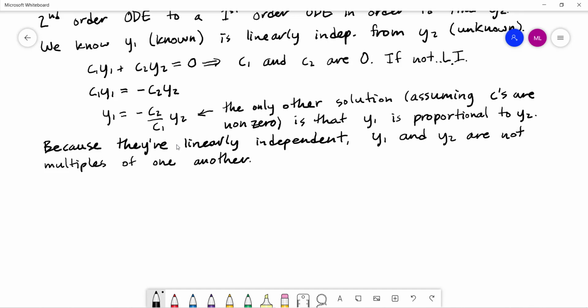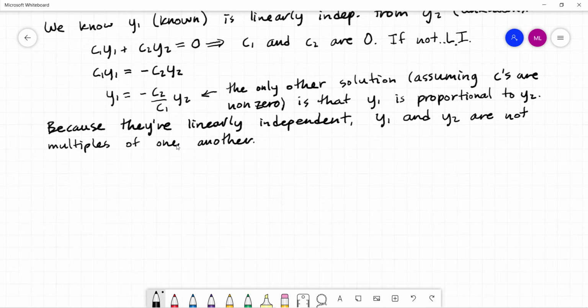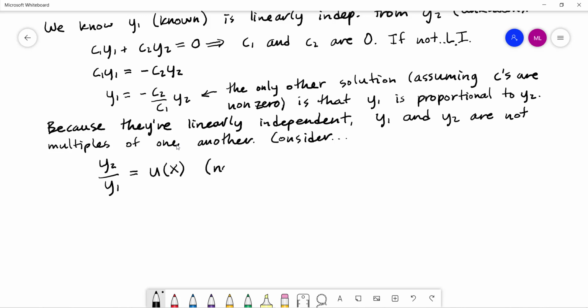And what this means is, if I look at the ratio of the two functions, so if we consider y1 over y2, in fact, let's do it the other way, y2 over y1, what I'm assured of is that this has to be some function of x, not a constant.